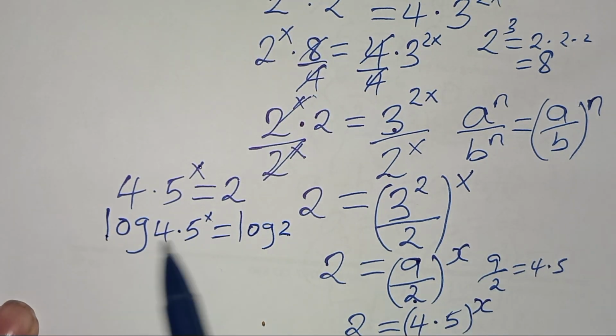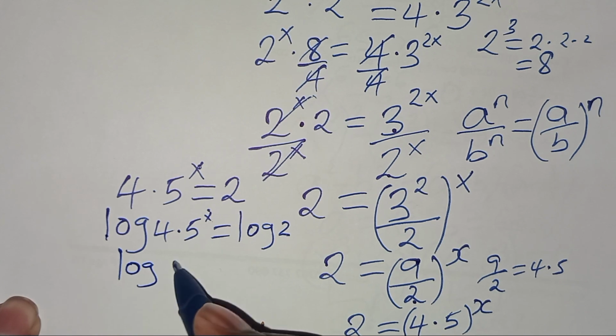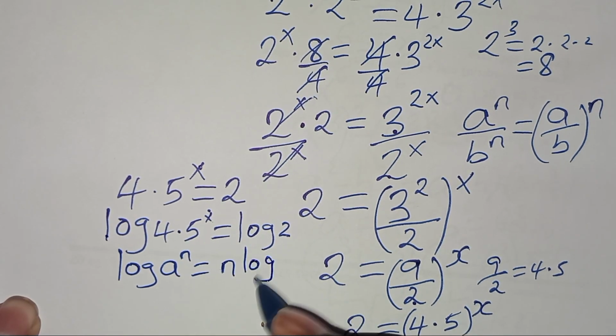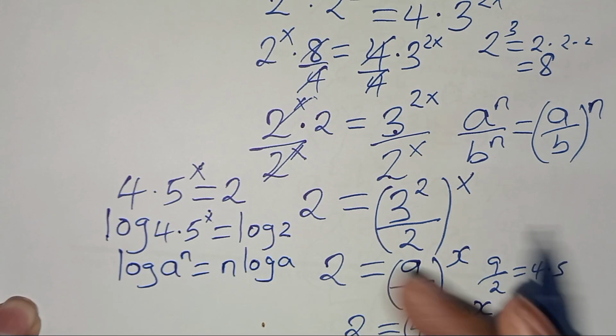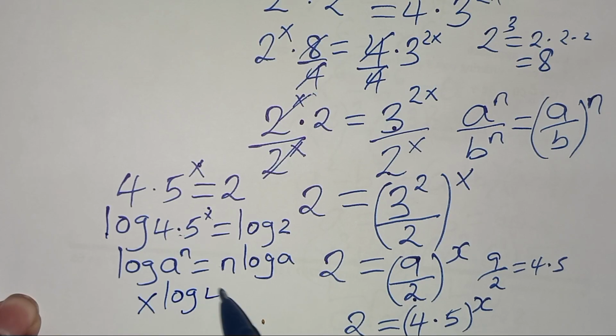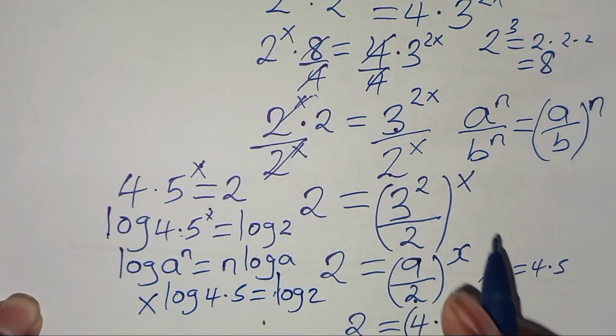Now log 4.5 raised to the power x is in the form of log a to the power n, which we can express as n log a. Applying this power rule of logarithm, log 4.5 to the power x becomes x log 4.5, equal to log 2.